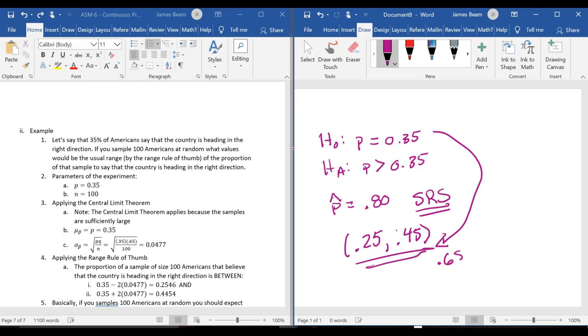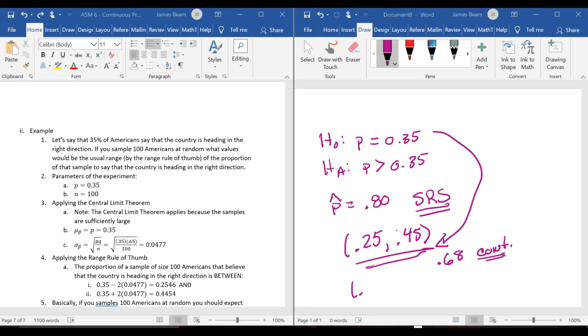If this is true, then my sample within 2 standard deviations should be here, which means I'm about 68% confident that I should be here. Well, it's not. It's way out at 80. So what if I make this 95% confident, so I'm at 3 standard deviations?